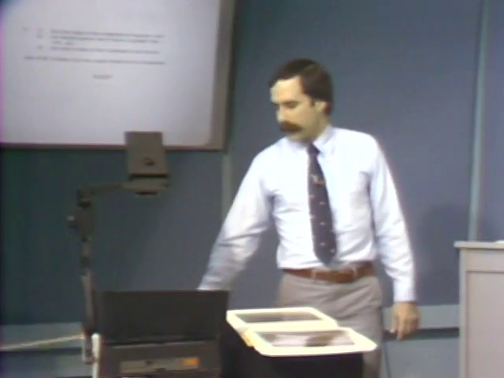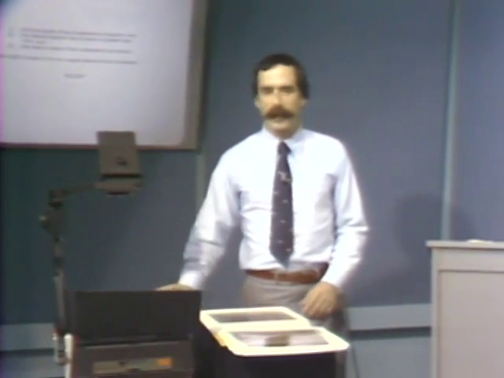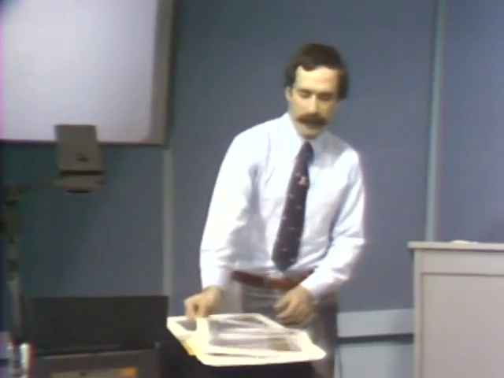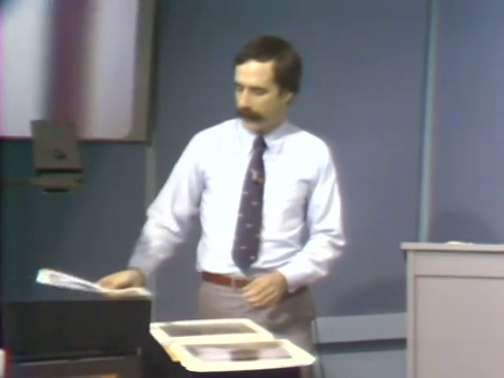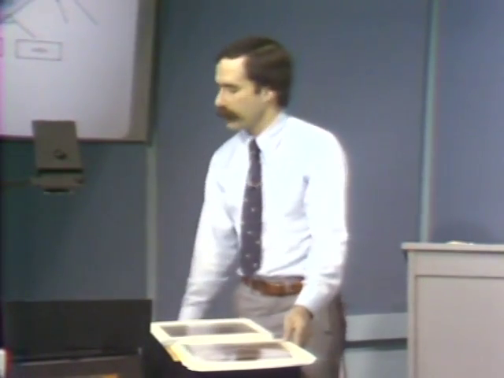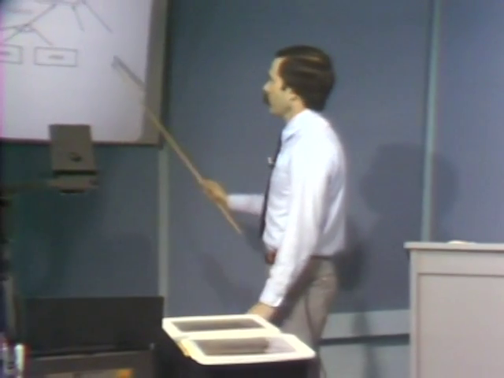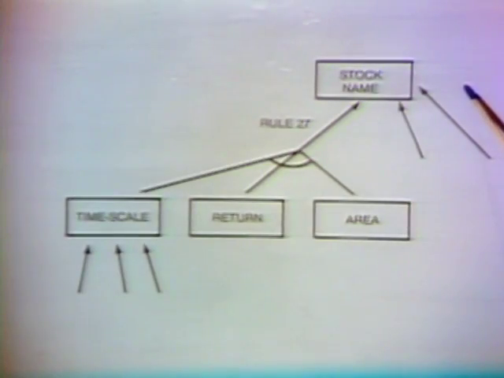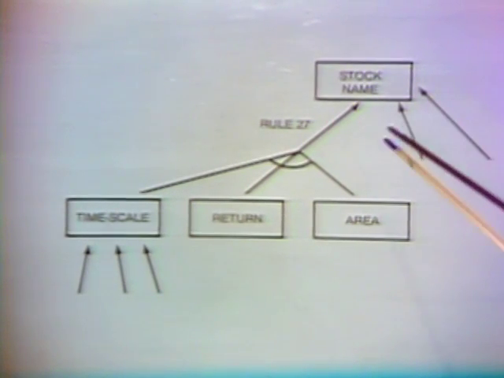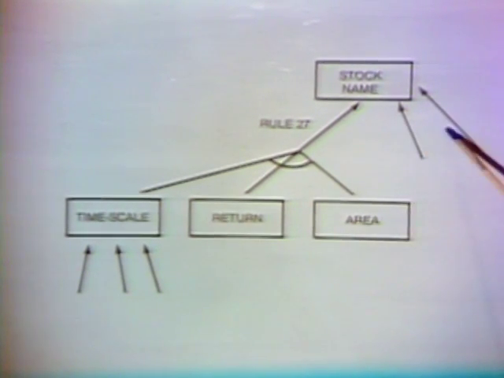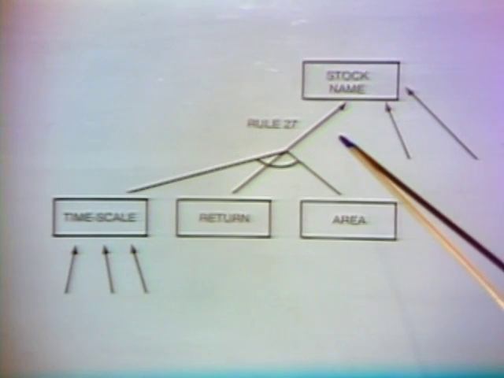Now, as before, we're going to use those rules in the simple backward chaining fashion that Mycin does. Let me just review that for you. We put the rules together and try and figure out, in this case, we're trying to figure out what the appropriate stock to invest in. We collect all the rules that tell us about what we ought to invest in. One of those is Rule 27.